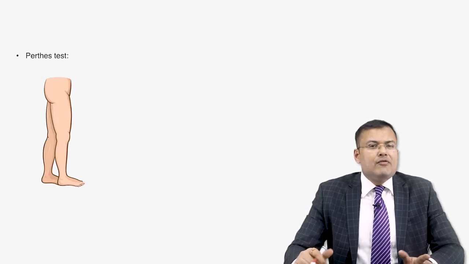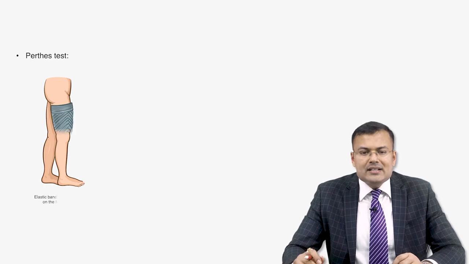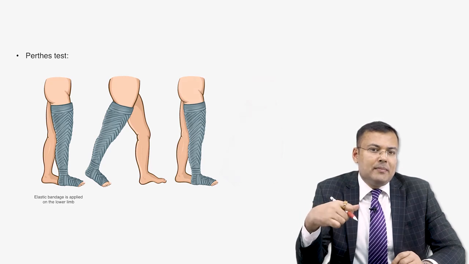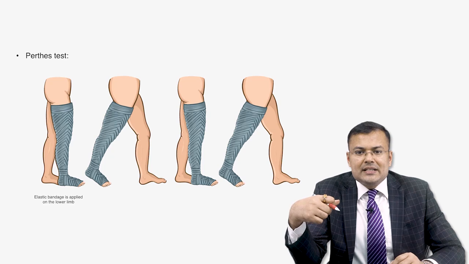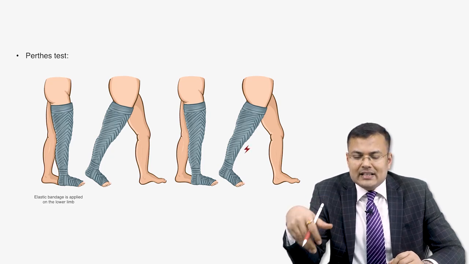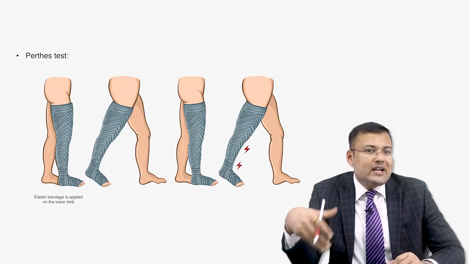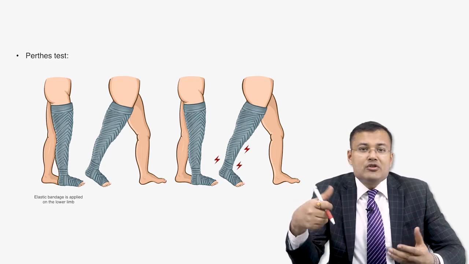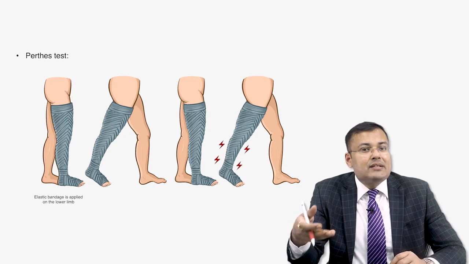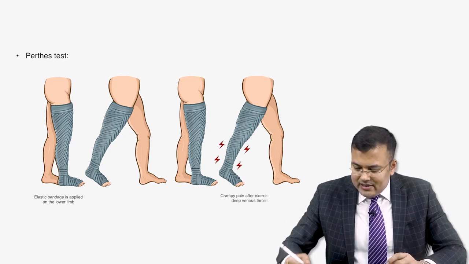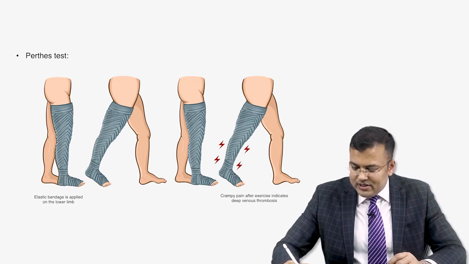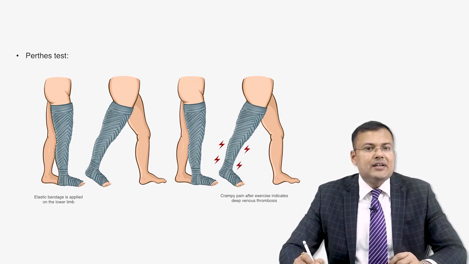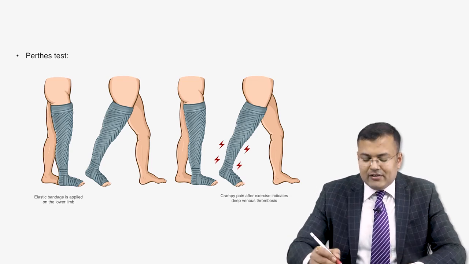Next, Perthes test. For DVT, we are going for Perthes test. So what is done in Perthes test? You can see here, an elastic compression bandage is applied around the lower limb and the patient is asked to do work or exercise.